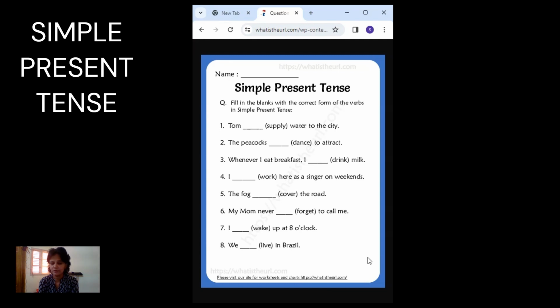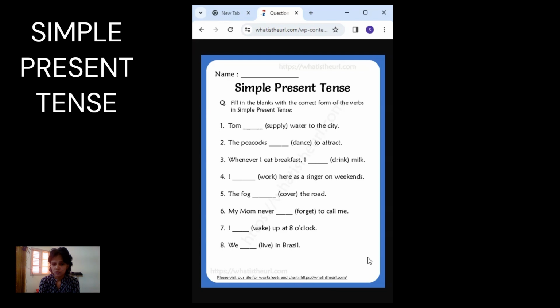The only thing we should remember here is that when we talk about genders, whether feminine or masculine, in both genders we usually use s. This is one thing we should remember. Like when we say he comes, he goes to the gym at 8 o'clock.